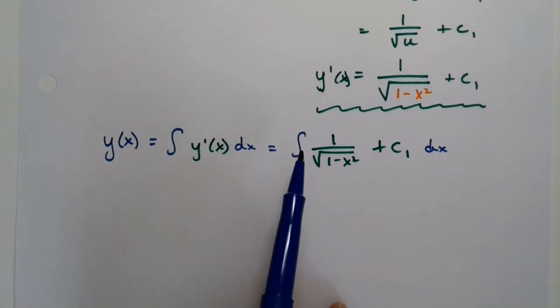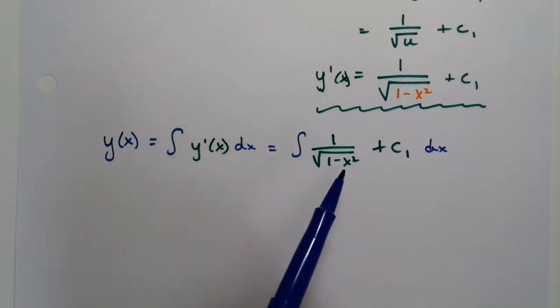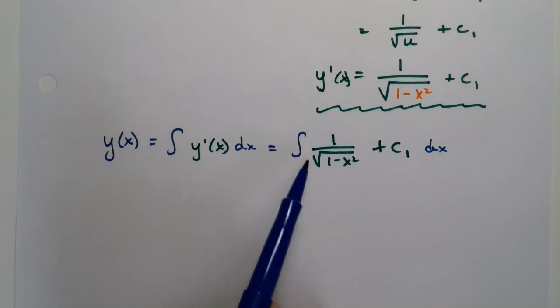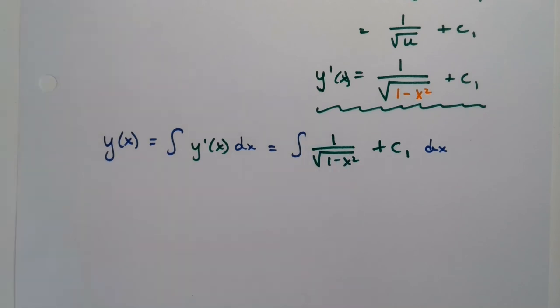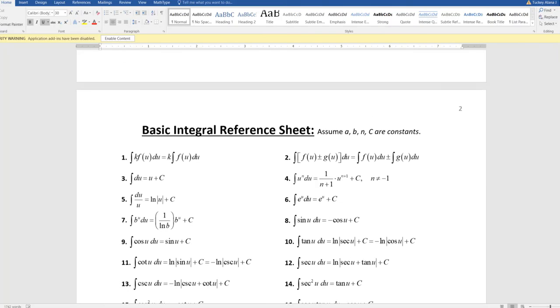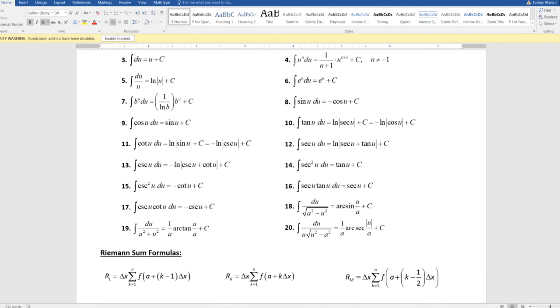Now, if you're savvy, you might realize you've seen this before. That's an integral you know from Calc 1. Let me grab the basic integral reference sheet, and you see it right there. It's number 18.